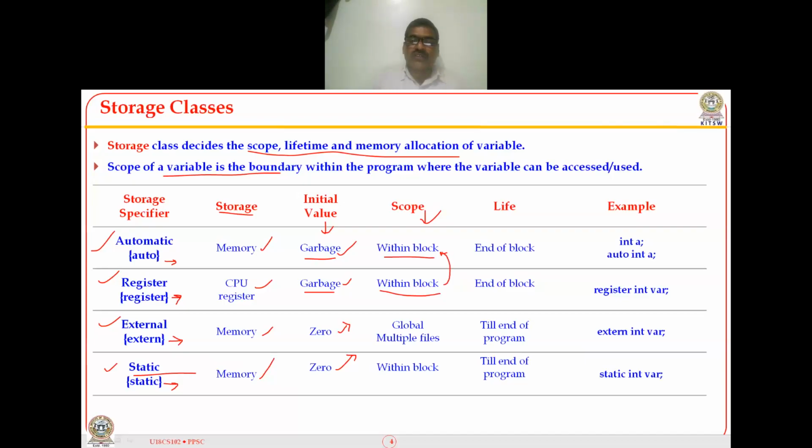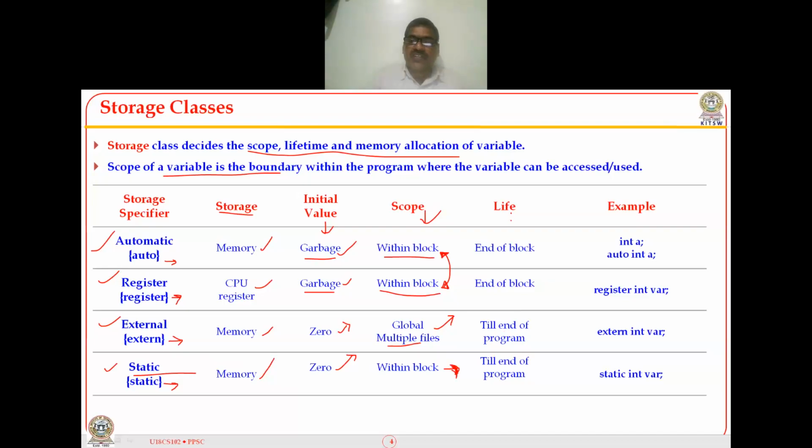If we declare the variables within a function, they will be accessible within that function only. External variables are global. They can be accessed among multiple files, in multiple programs also. Similarly, static variables are also accessible within the block where they are declared.